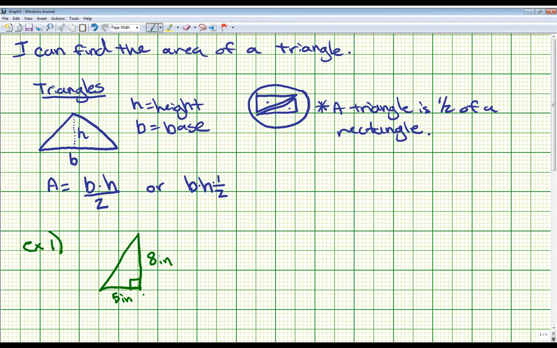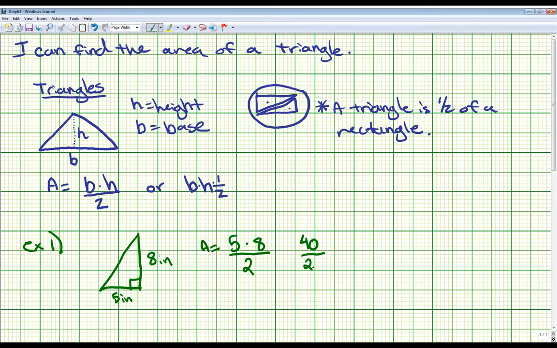So if I want to find the area of this triangle, I'm going to take the base, which is the bottom of the triangle here, which is 5. And then I'm going to multiply it by its height. Top point to bottom point is 8. And then I have to divide that by 2. We're going to multiply the top numbers first, and then we'll divide by 2. So 5 times 8 is going to give us 40.